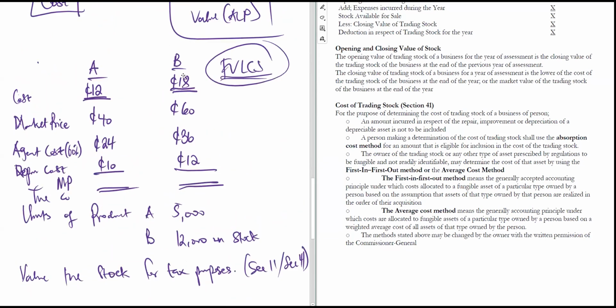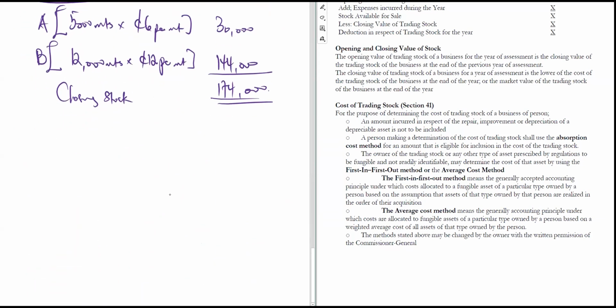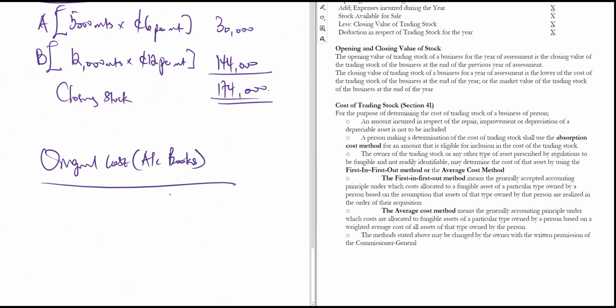Okay. Now the rule is that initially, these goods would have been included in cost at 12 CDs and 18 CDs. Do you know that? The original cost of these goods, which is in our accounting books, product A would have valued it at 12 CDs by 5,000, right? And that would be how much? 60,000. Product B, its cost was how much?